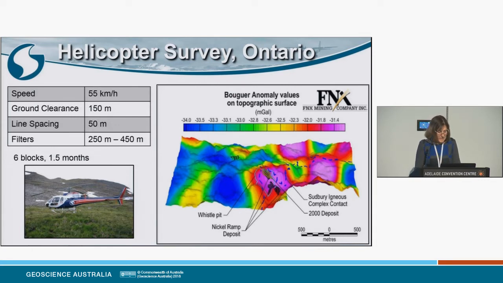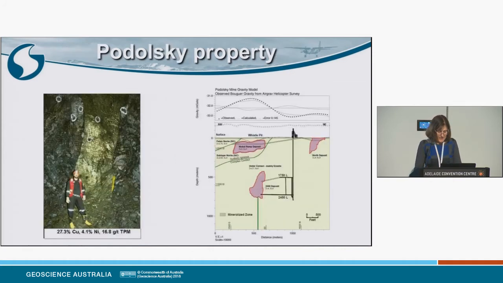And the idea was to directly detect the known dense ore material to define the extent of these deposits. And on the right, you can see the Bouguer anomaly grid draped over topography, and it does show a good image of the geology in the area, which included, in this case, the Podolsky block, a working mine.